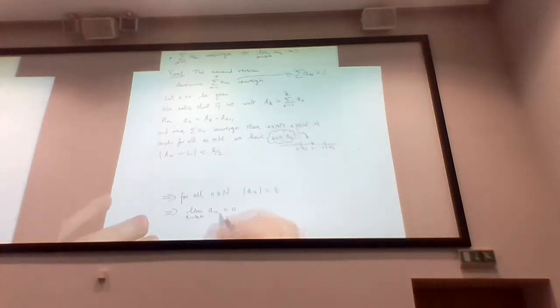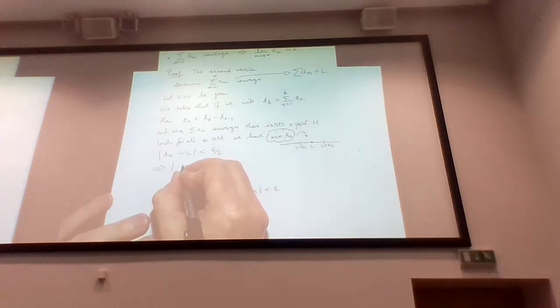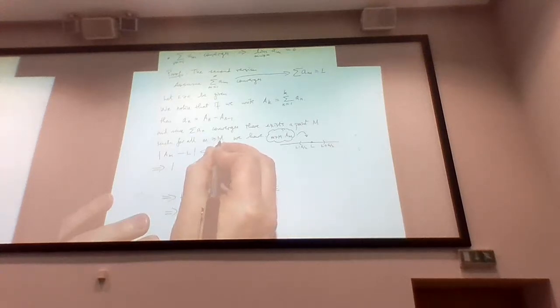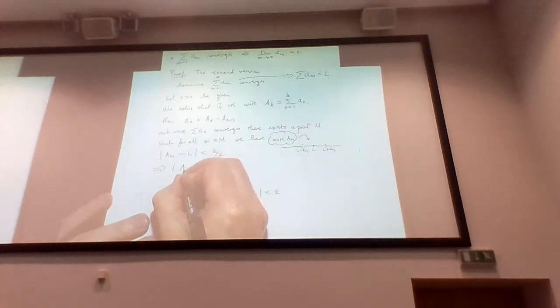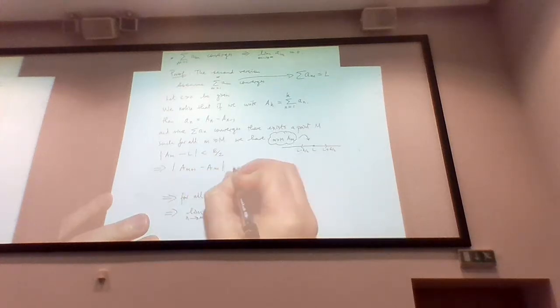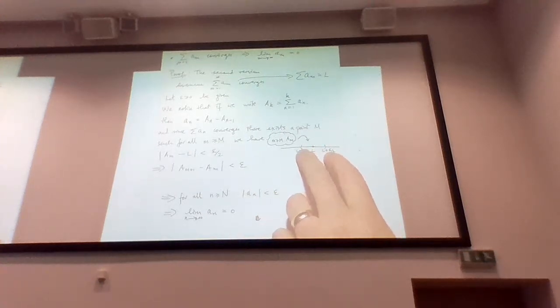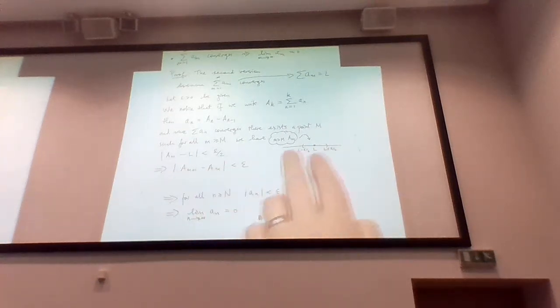So this implies that if n is bigger or equal to capital N, the absolute value of A_{n+1} minus A_n will always be strictly less than epsilon. These things are always in this interval centered on L of radius epsilon over 2, so the difference between any two of them will always be strictly less than epsilon.